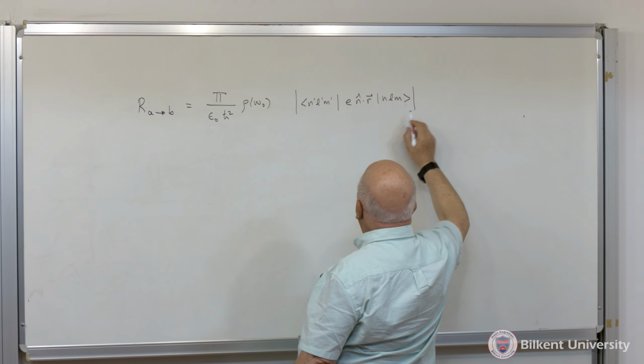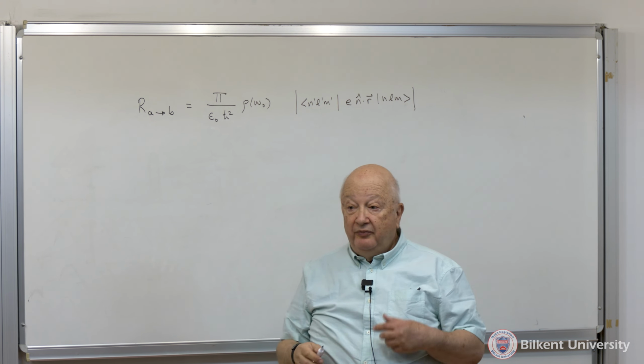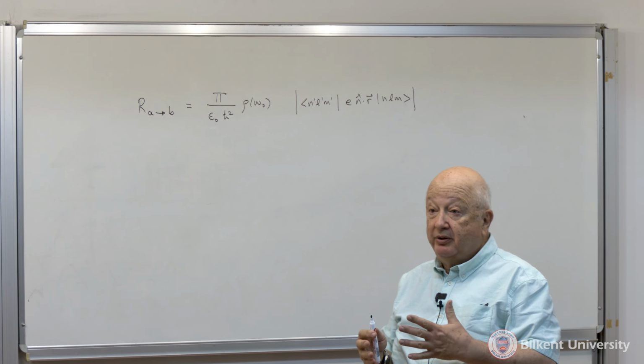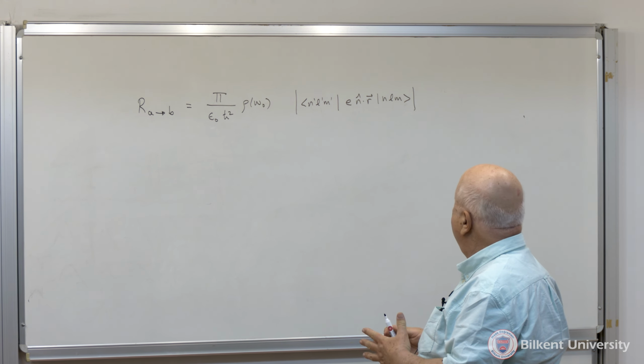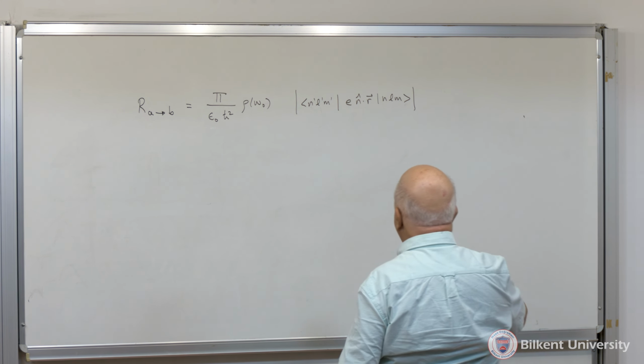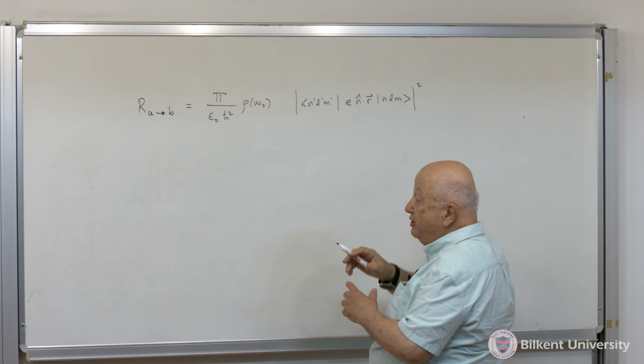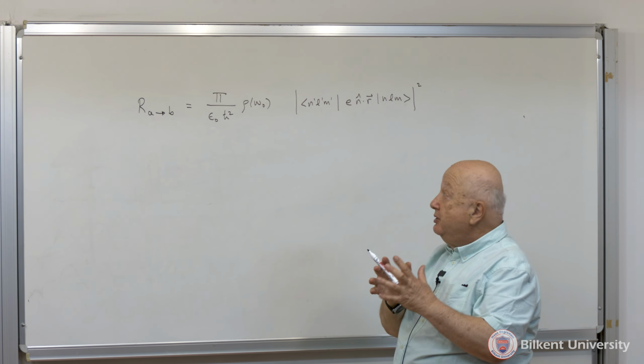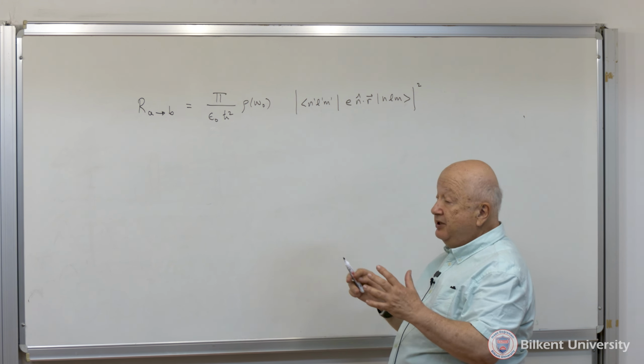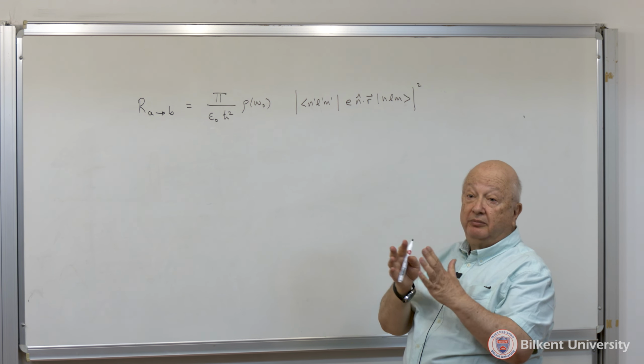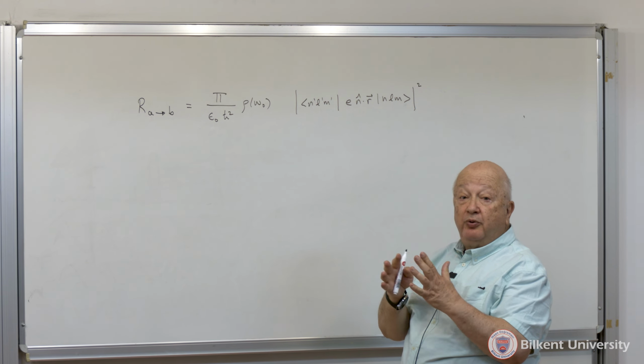n, l, m. But this is not very useful, right? For this to work out, I have to know the orientation of the atomic orbitals and the electromagnetic field that's hitting it, while actually they are really quite random.